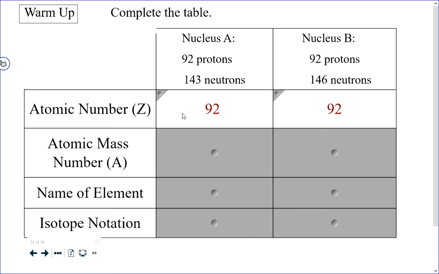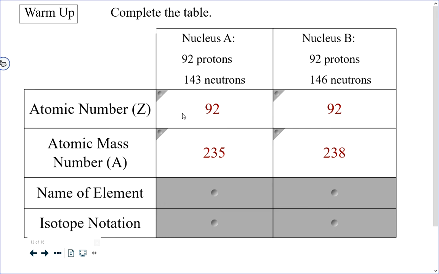If there are 92 protons and 143 neutrons, then we are going to have to add those 2 numbers together to get the atomic mass number, because atomic mass number is the total of all of the particles in the nucleus. So when we add those 2 together, we get 235 for an atomic mass number of nucleus A, and we get 238 for an atomic mass number of nucleus B.